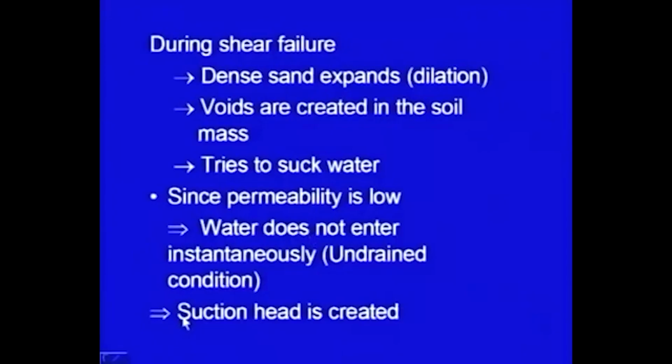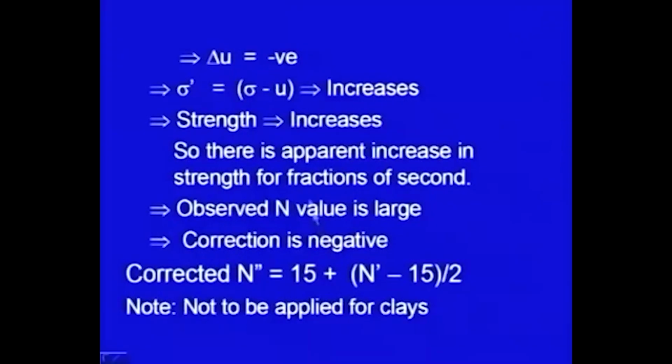So, because of this, when the soil mass is trying to suck water, but water is not very easily coming into it, suction head is created, undrained condition is there, and because of this suction head, negative pore water pressure will be generated inside the soil mass.